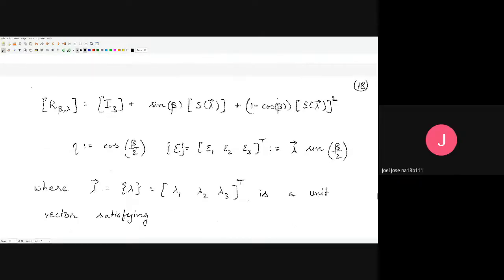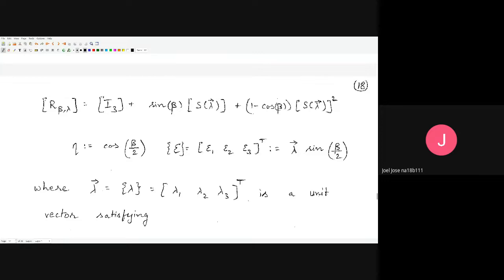Excuse me, sir. Yes. So initially we have to define an axis of rotation for the process of quaternions to work, right? For defining that axis of rotation, we need to have a frame of reference, right? So which frame of reference do we use? We have 2 frames.